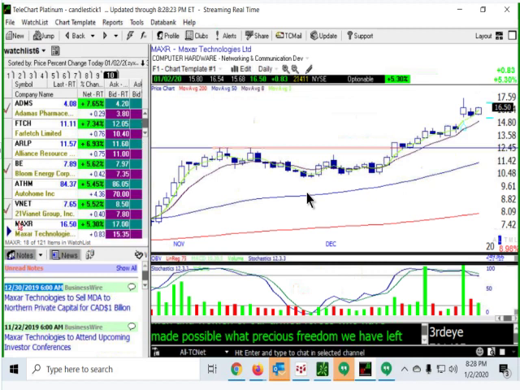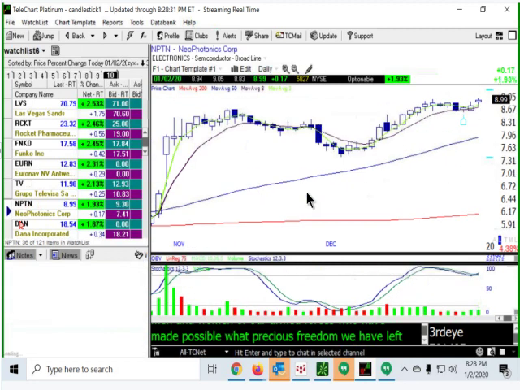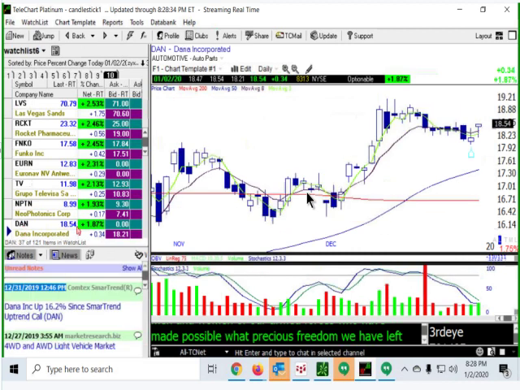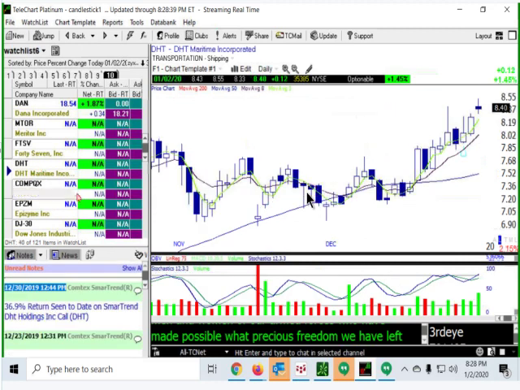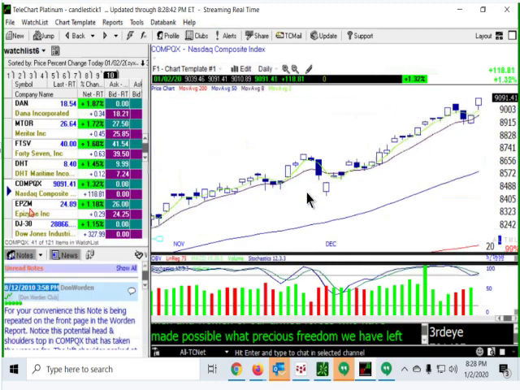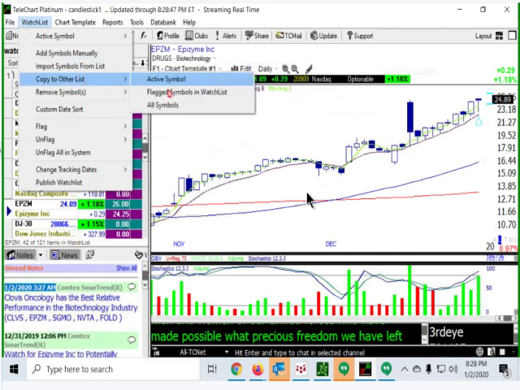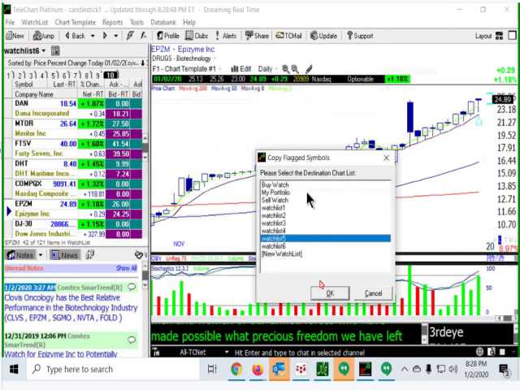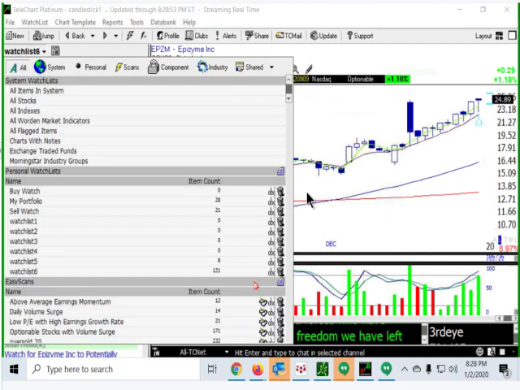There's going to be a point where, when I get further down my list, they might not be good trades anymore, because they've either already moved or what looked good at one time may not be as good now. So what I do is I come up here and I copy all those up to watch list 5. Now watch list 5, let's say I've narrowed down, I've got 8 on here that I clicked, but let's say I've clicked on 22.